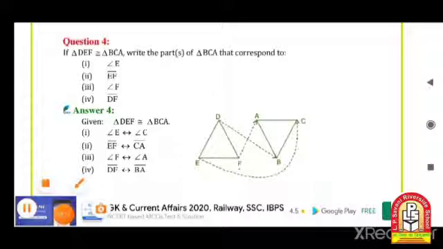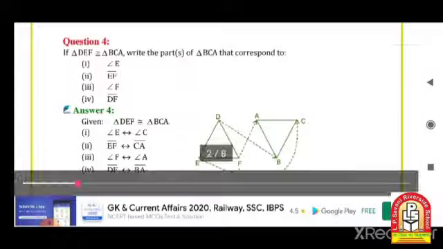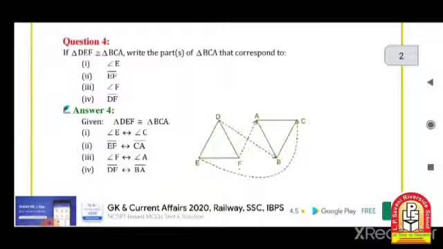E corresponds to C. Here you can see that the arrow of E matches with C. Then after, EF matches with CA, F matches with A, and DF matches with BA. In this way this triangle is congruent.